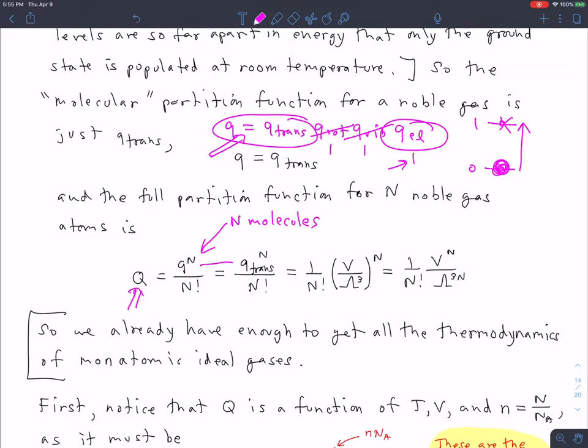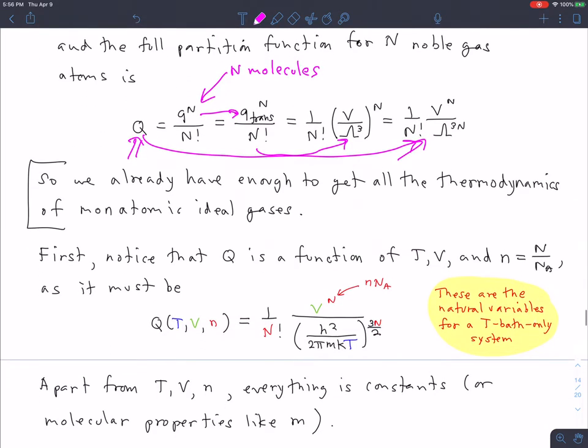And so Q trans goes in there. And then we plug in what Q trans is, V over lambda cubed, and that gives us our full expression for the full partition function for a gas of noble gas molecules.